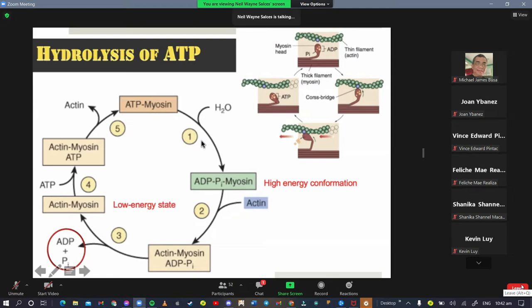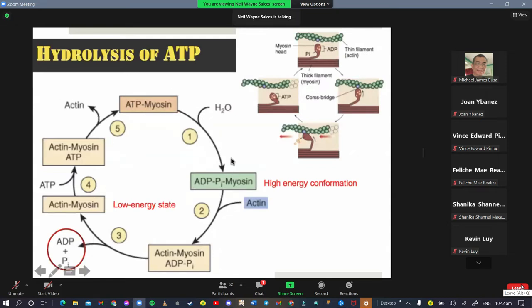So basically, this is dependent upon the binding of ATP to the actin myosin complex. So what drives the relaxation is the binding of your ATP to your actin myosin complex. And because this actin myosin ATP complex has low affinity for your actin, the actin is released and your muscle relaxes.